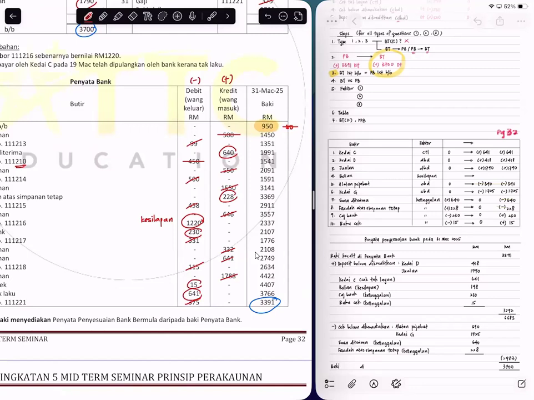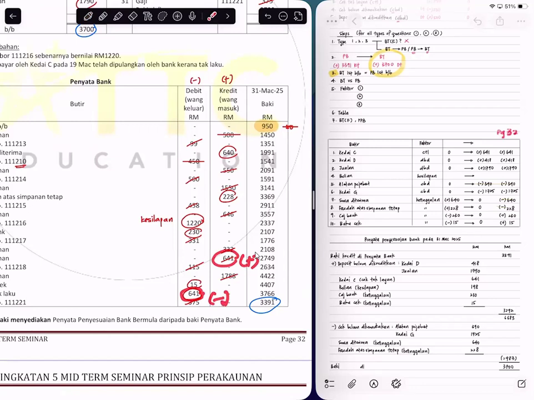But before we proceed, check one more thing, special thing for this question, one of the traps again, okay. We saw 641 in credit Penyata Bank, right? We also saw the same value in debit Penyata Bank also. Means one positive, one negative in the same value. If you got debit and credit the same value, isn't it the final value becomes zero?